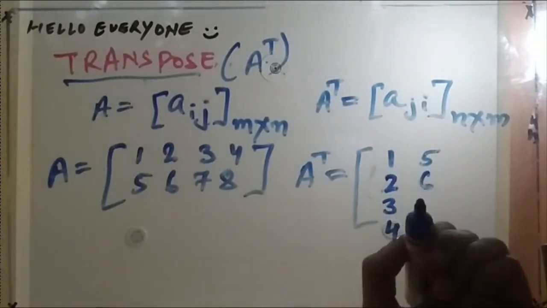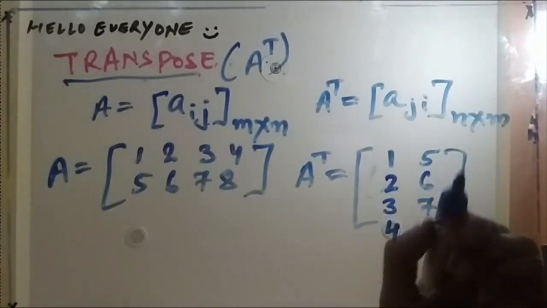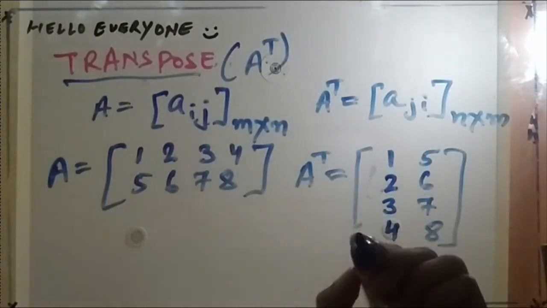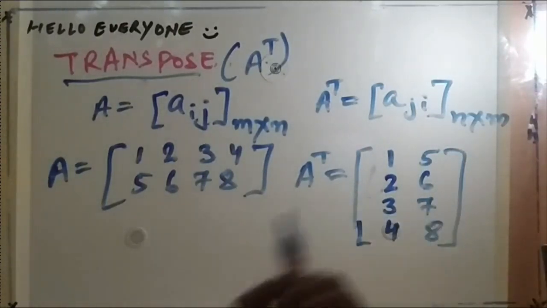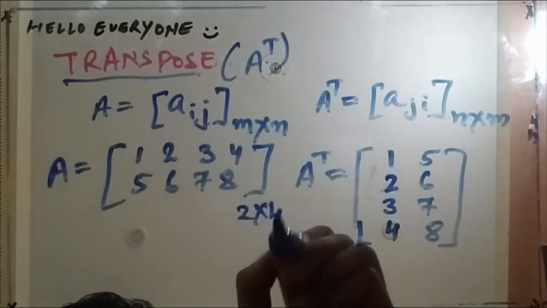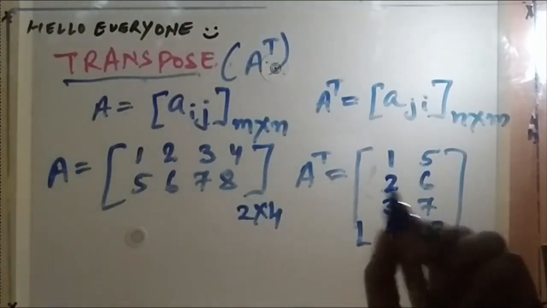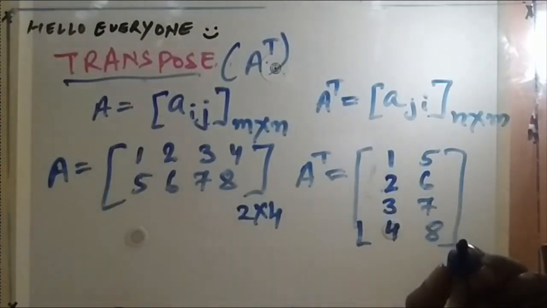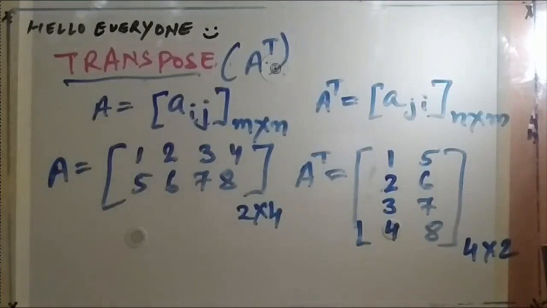Next 6, 7, 8, same. You can see here the order is 2 by 4 and the order of this transpose is 4 by 2. So the order reverses when we do a transpose of a matrix.